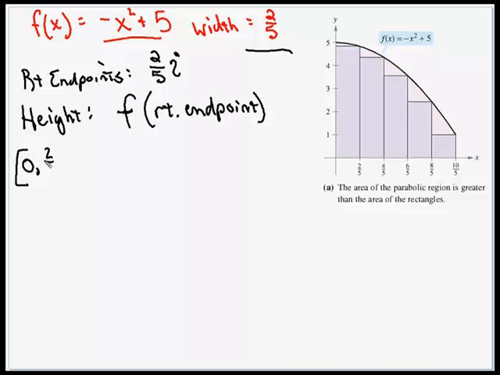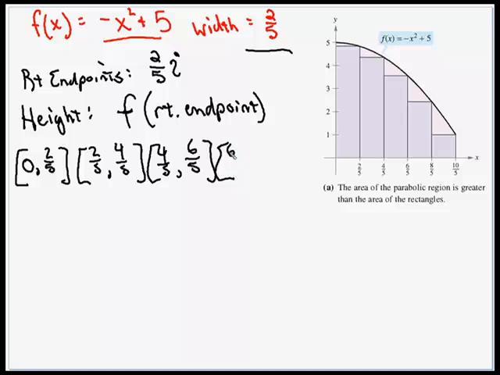From 0 to 2/5 is one rectangle, and then from 2/5 to 4/5, from 4/5 to 6/5, 6/5 to 8/5, and 8/5 to 10/5. And what we're doing is evaluating the right endpoints.